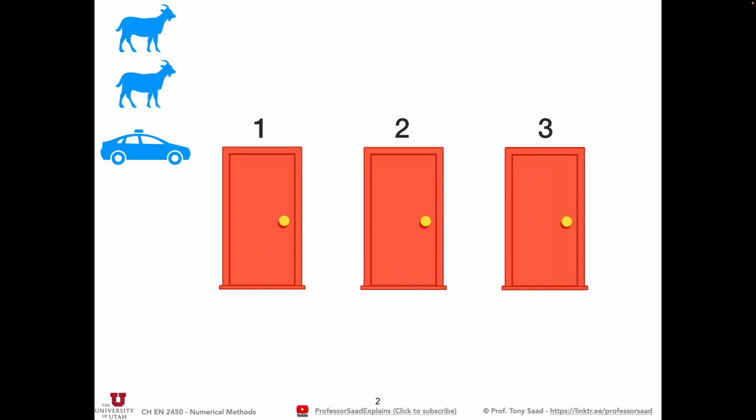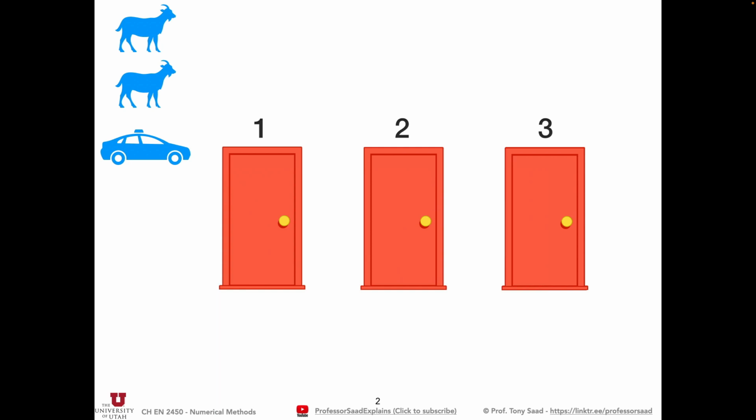It looks like a Prius, but that's the best picture I could find in the 5 minutes I had to prep this lecture. And there's 2 goats. So 2 doors have goats behind them, and 1 door has a car behind it.